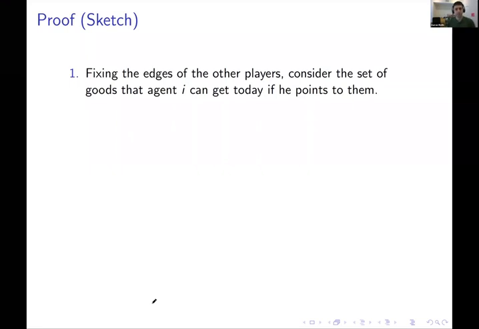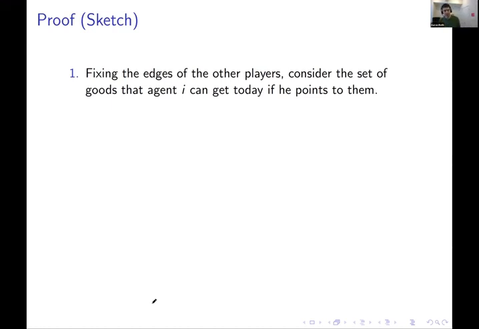And so let's think about that. What are the opportunities that are available to you today? Let's imagine that everyone else has gone first, so everyone else is already pointing to their favorite good. And now here you are looking around at this partially constructed graph. All that remains is the choice of where you're going to point. And you're thinking to yourself, where should I point? What are the set of goods that if you point to them today, you will get them immediately?